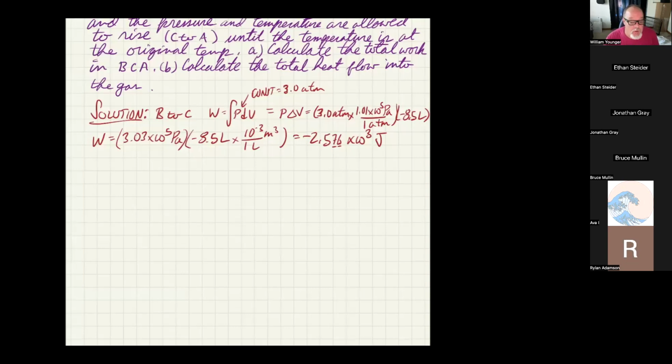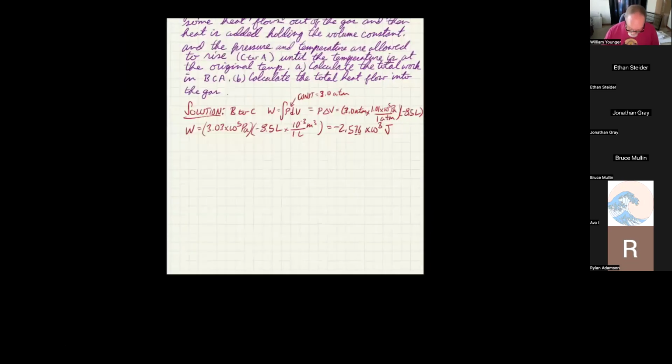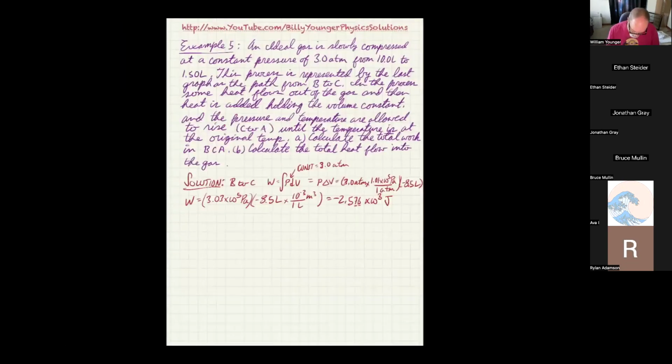Now we have to do the work done in the other part, but that part has no change in volume. So we can say work done from C to A is equal to 0.